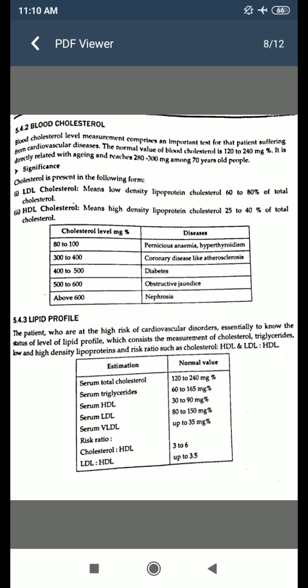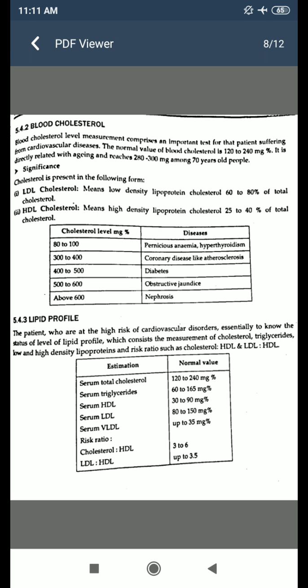Then the significance of blood cholesterol: it is present in the following forms, LDL cholesterol and HDL cholesterol. LDL means low density lipoprotein cholesterol, 60 to 80% of total cholesterol. HDL means high density lipoprotein cholesterol, 25 to 40% of total cholesterol.